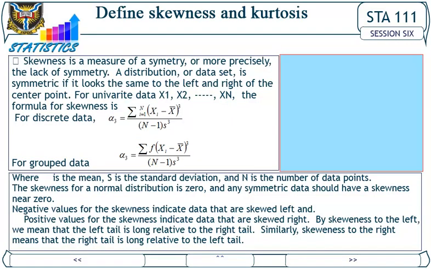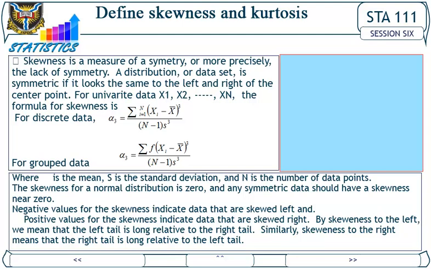Define skewness and kurtosis. Skewness is a measure of asymmetry, or more precisely, the lack of symmetry. A distribution or data set is symmetric if it looks the same to the left and right of the center point.